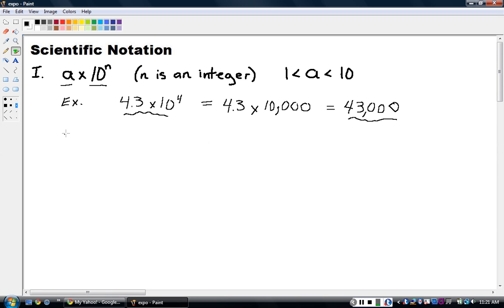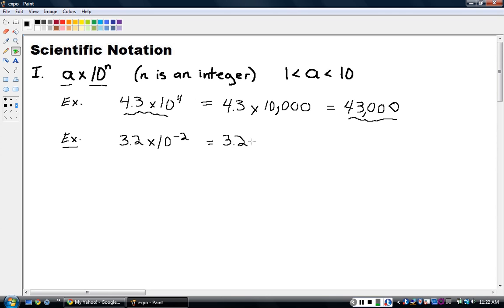Let's do one more example to show you what the negative means. If I gave you 3.2 times 10 to the negative 2, we have to think about that. What's 10 to the negative 2? Well, you know your rules of exponents.